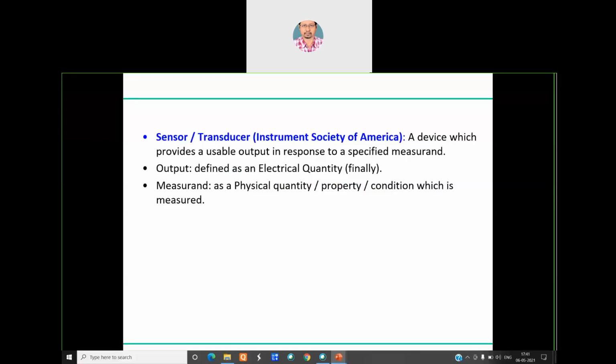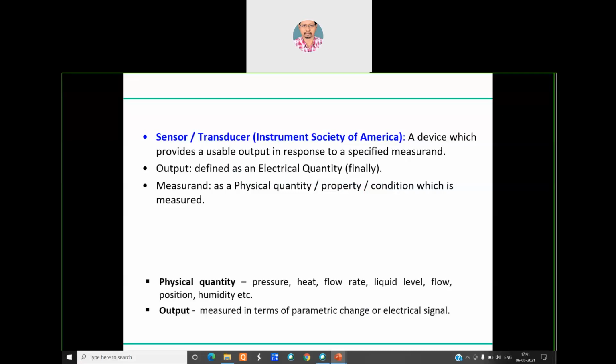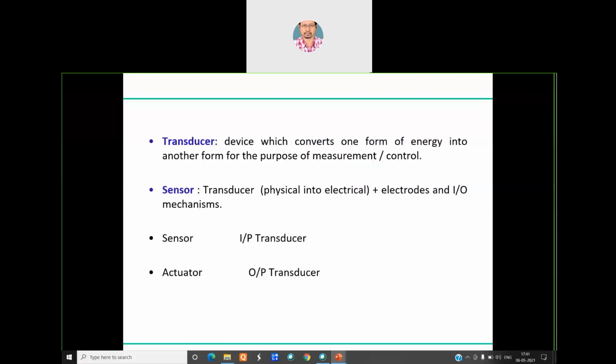And normally the output is always available in electrical form. The physical signal can be in any form, but normally you want that output in electrical form. So, a transducer is a device which converts one form of energy into another form for the purpose of measurement or control.